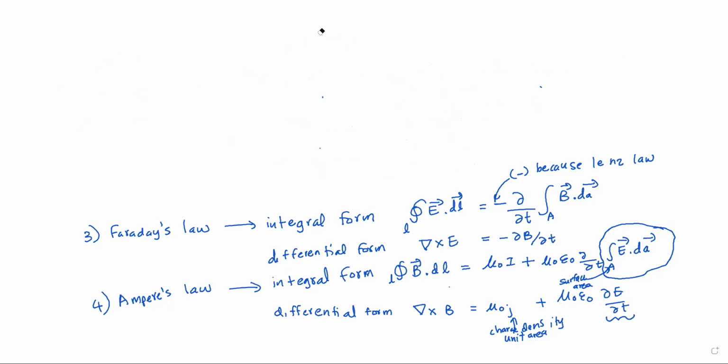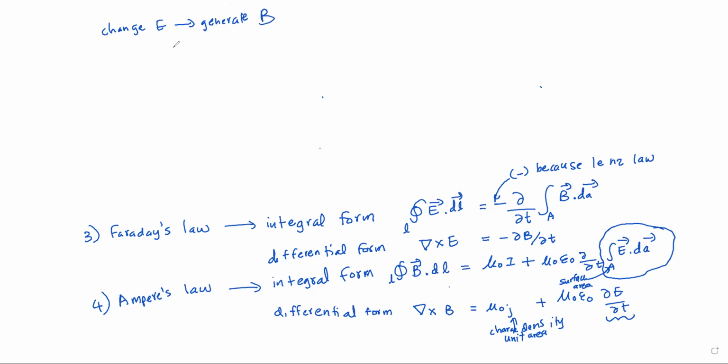A change in electric field results in a magnetic field. When we are varying a certain electric field, we can generate a magnetic field.